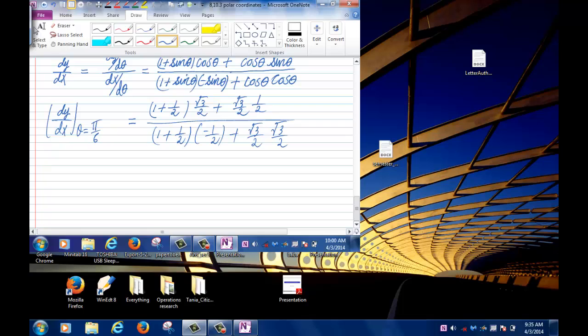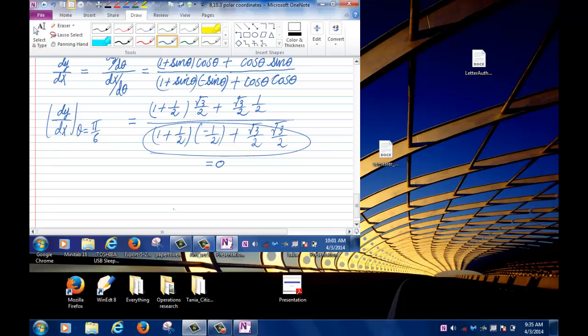Now, what am I getting in the denominator? Everybody realizes that I'm getting 0 in the denominator? From your quiz, if I get dx/dt to be 0, what happens? Note that the numerator is not 0. The denominator is exactly equal to 0. You see that? 1 plus a half, that's 3 halves, multiplied with negative half, that's negative 3/4, right?